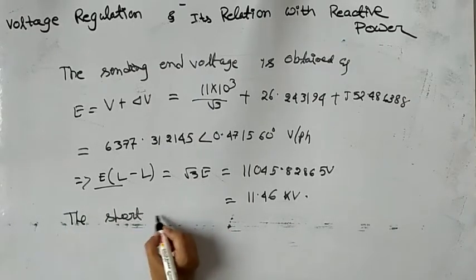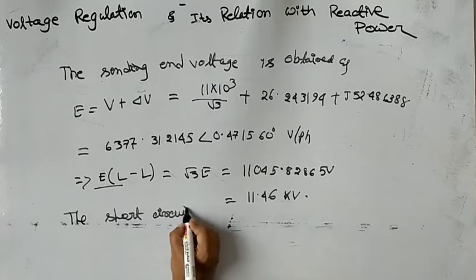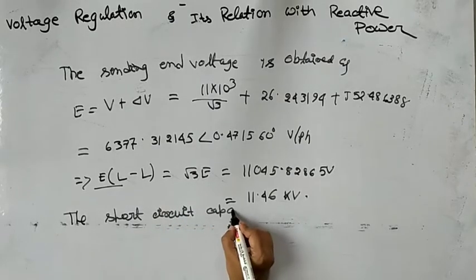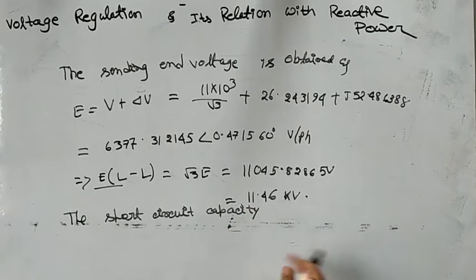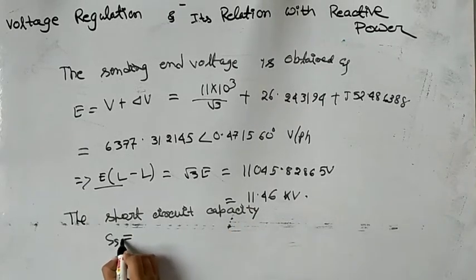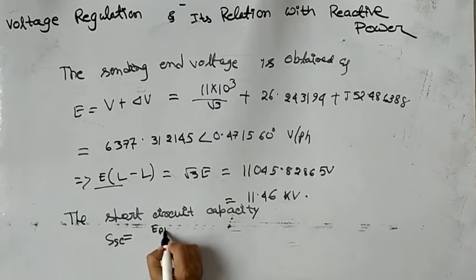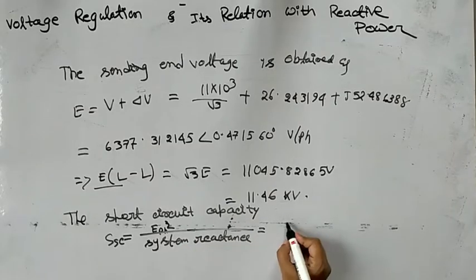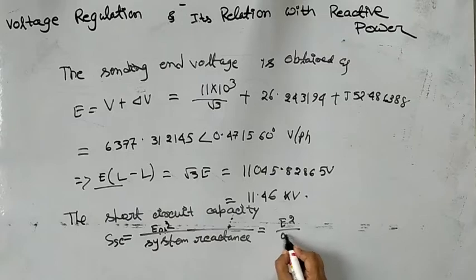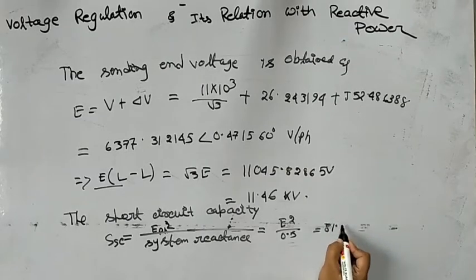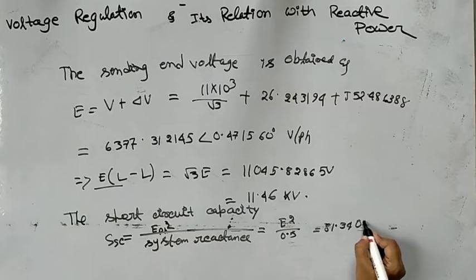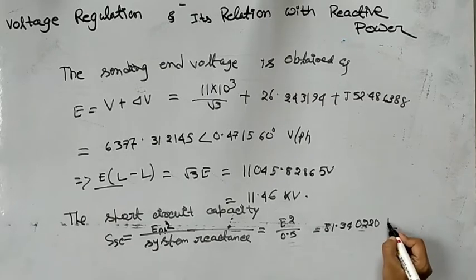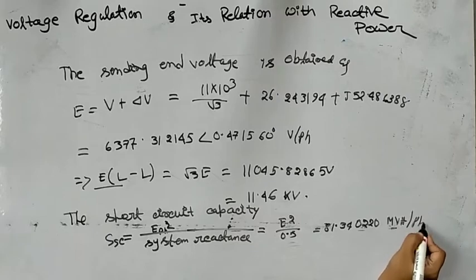The short circuit capacity equals E phase square by system reactance, which equals E square by 0.5, which equals 81.340220 MVA per phase.